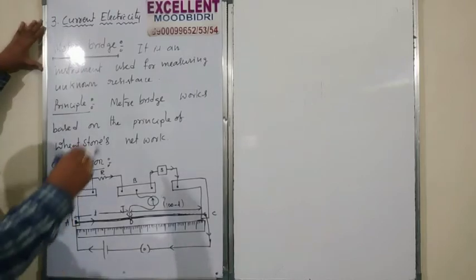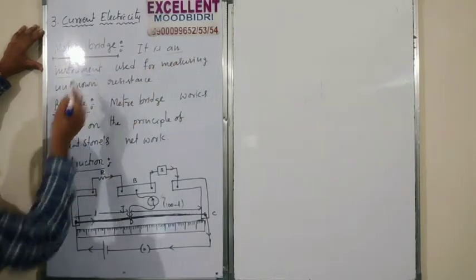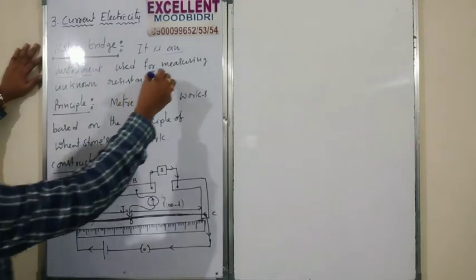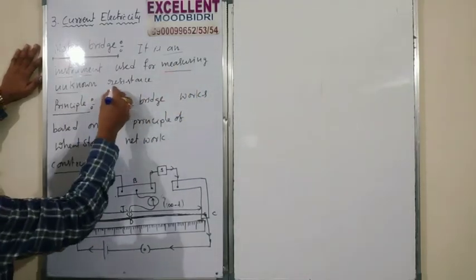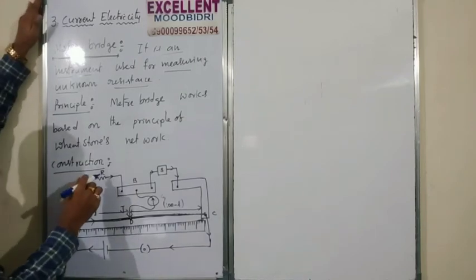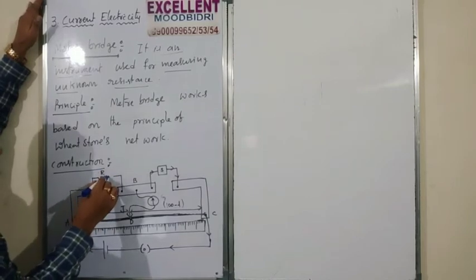So meter bridge. What is the meaning of meter bridge? Meter bridge is nothing but an instrument used for measuring the unknown resistance of a given resistor. Okay. What resistor will they give you? This is a resistor wire. Unknown resistance. This resistance value we don't know.